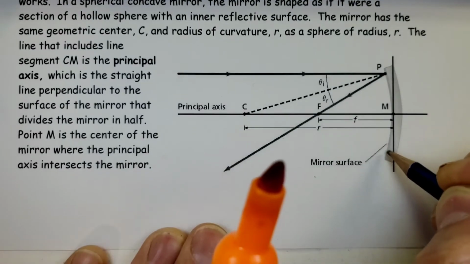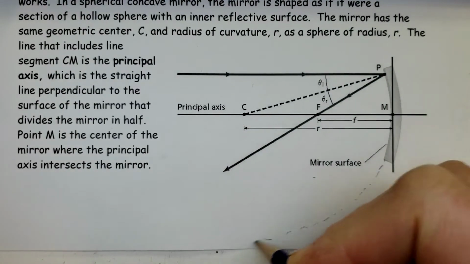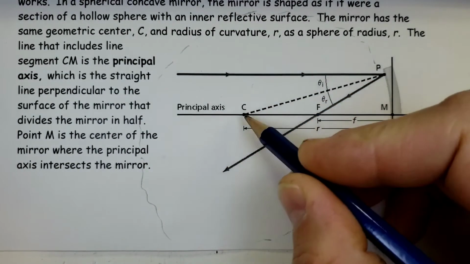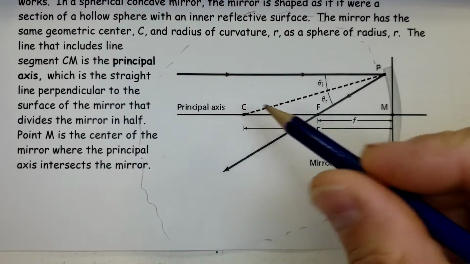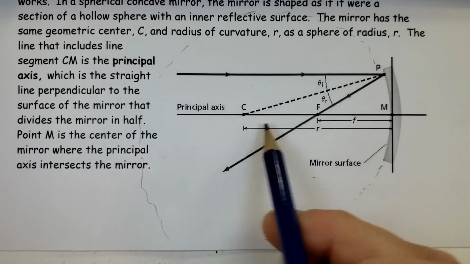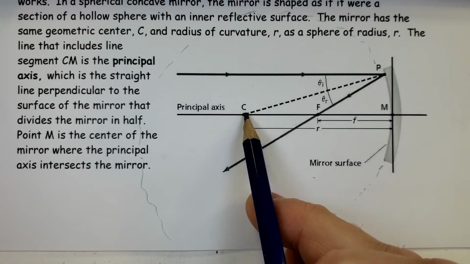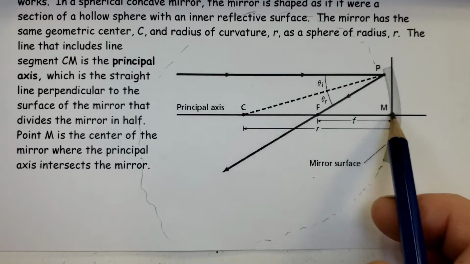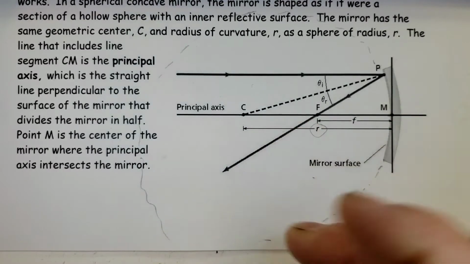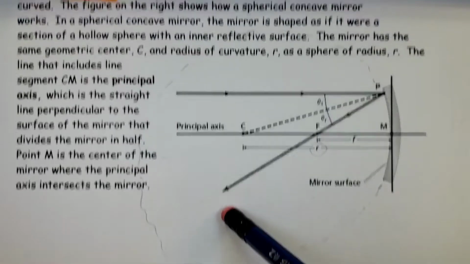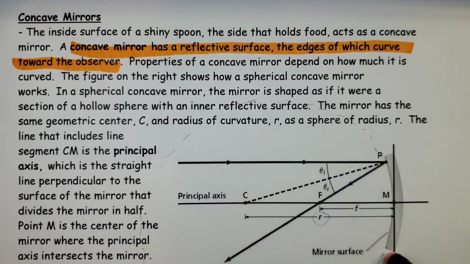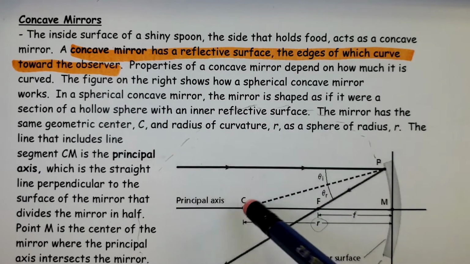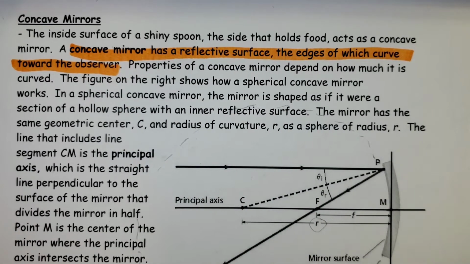So you can imagine if I was to extend this into a sphere, C represents where the center of that sphere would be. And the radius from the center of the sphere to where the mirror is, is the radius of curvature. So we have to envision that. A curved mirror, think of it as a big sphere where C is the center and r is the radius.